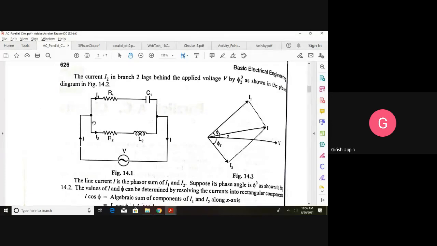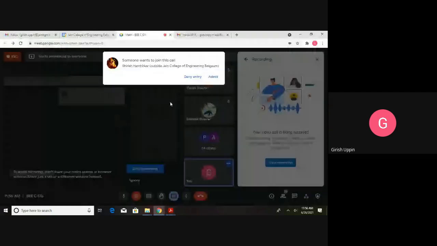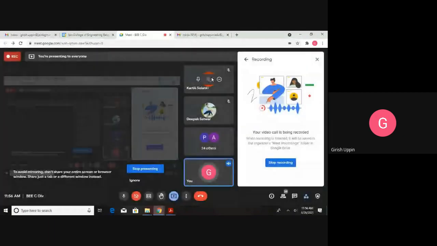Then similarly, for this branch, I2 is the current and the applied voltage is capital V. The same voltage is applied to both the branches. In case of an RL circuit, we know that current will lag the applied voltage by an angle phi. And how to calculate that phi? Using the values of R and XL, you can use the tan phi function or the cos phi function.